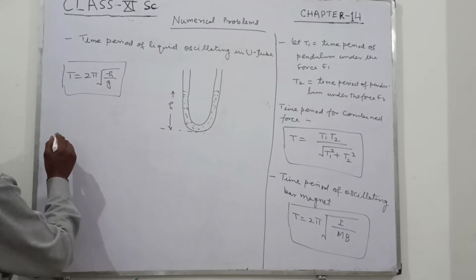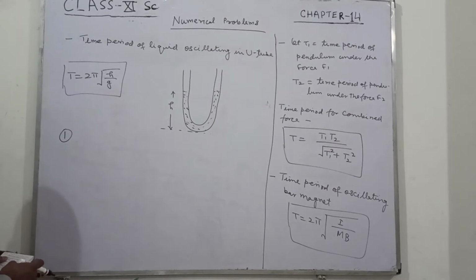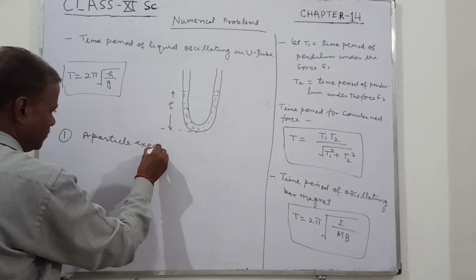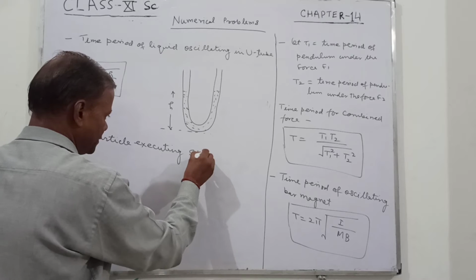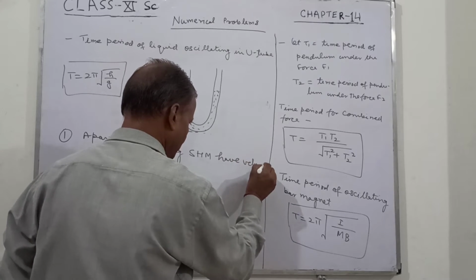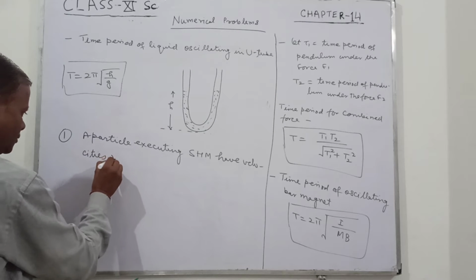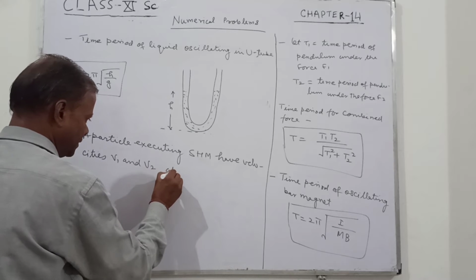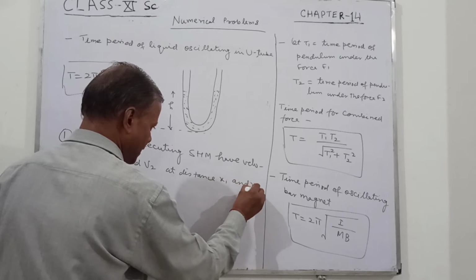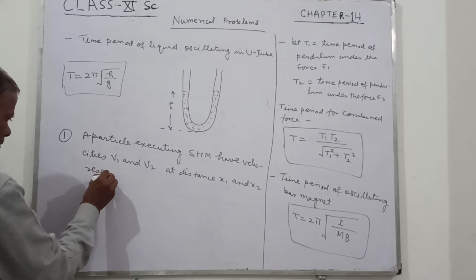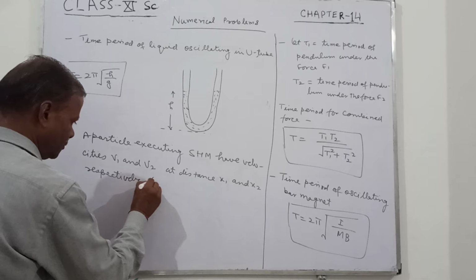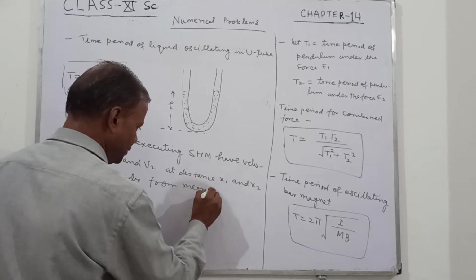Now first numerical is number 1. A particle executing SHM has velocities v1 and v2 at distance x1 and x2 respectively from mean position.